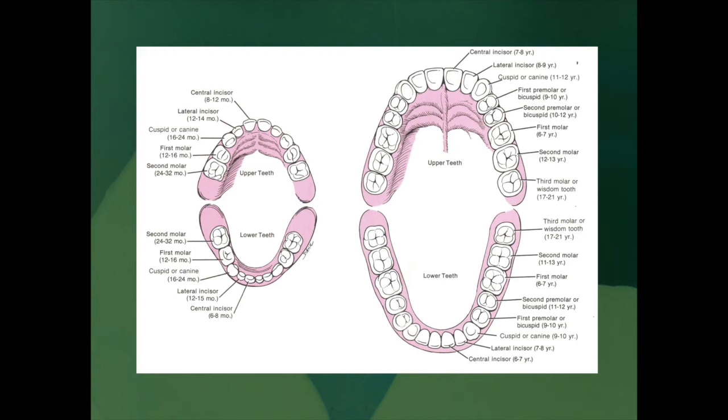So the incisors, these are the teeth that are closest to the midline. They are chisel shaped and adapted for cutting into food, incising the food in a sense. They are referred to, again, whether they're upper or lower, as either central or lateral. Central being closest to the midline, lateral being one step, in this case, away from the midline.